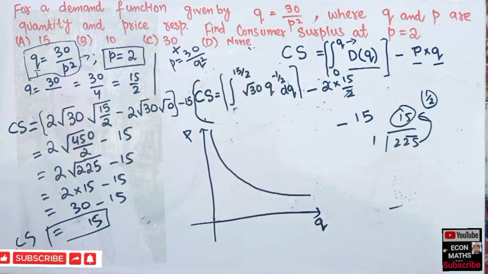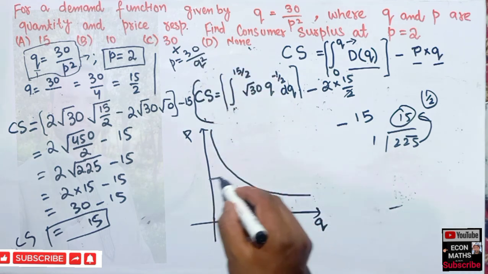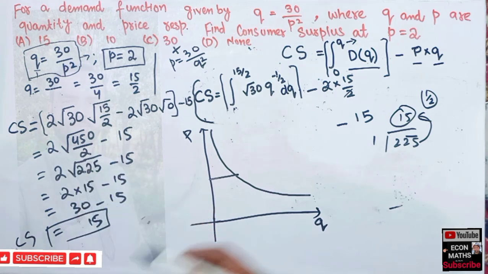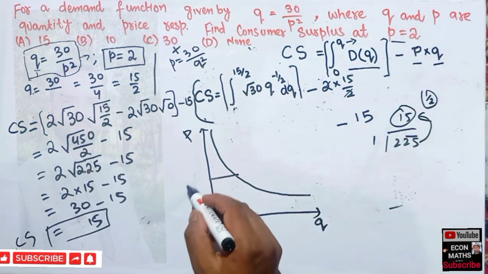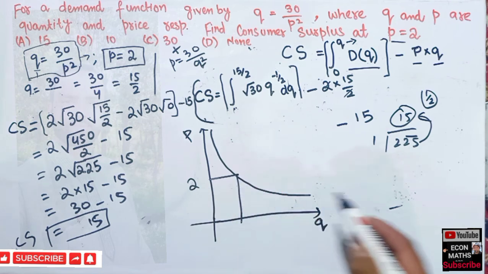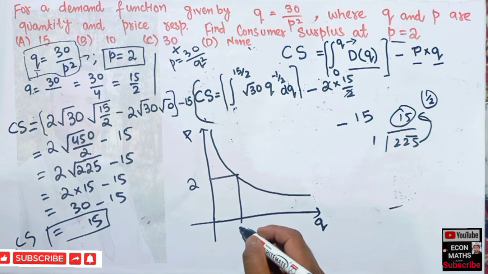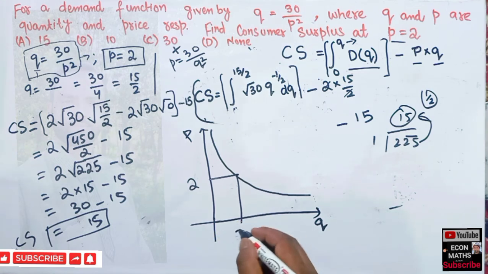So this was our demand function. Our equilibrium price was, we have calculated somewhere, or rather it was given, that is 2. Equilibrium quantity was 15 divided by 2, let us say it is 7.5.